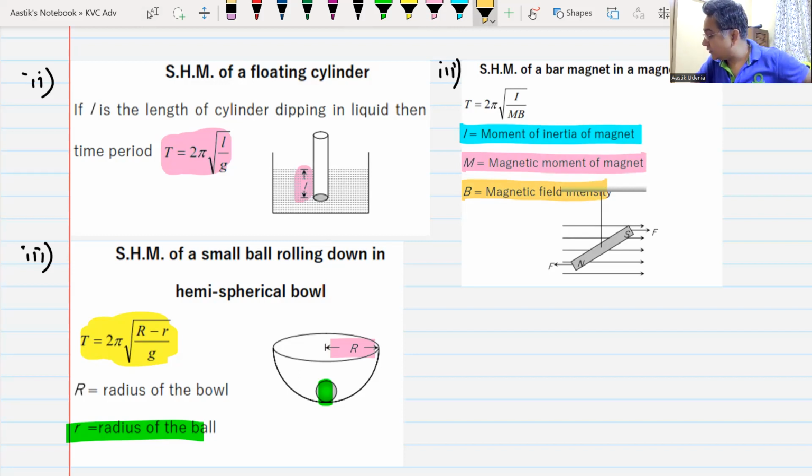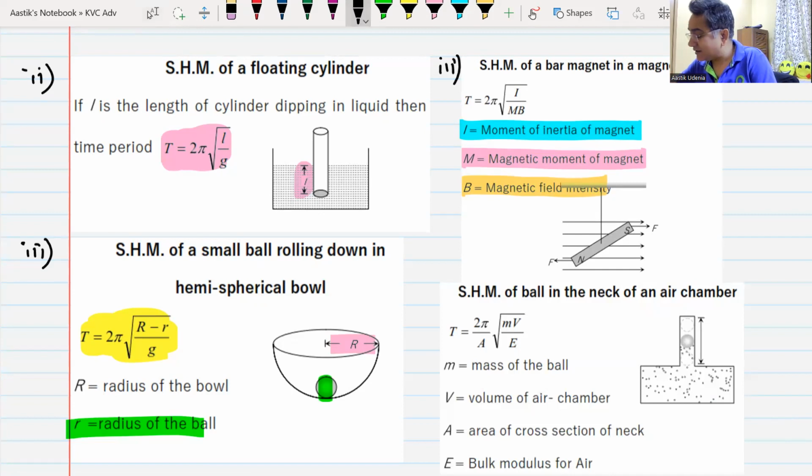And I'll put one more, which is number 4, which is SHM of a ball in an air chamber. Now remember, we don't know terms in this. I understand this, but you just note down the results. SHM of a ball in the neck of an air chamber, 2 pi by A. A is the area of cross section of the neck.